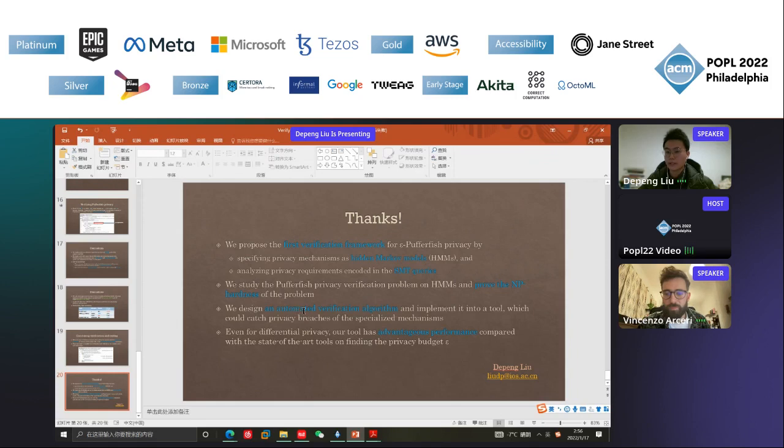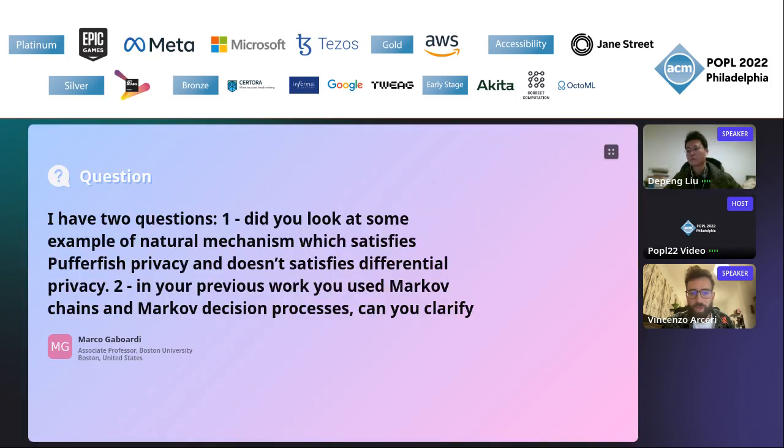See, there's a question about the remote architecture. From the audience, so I read the question from AirMeet. So I have two questions. The first one is, did you look at some example of natural mechanism which satisfy Pufferfish privacy and doesn't satisfy differential privacy? This is the first one.